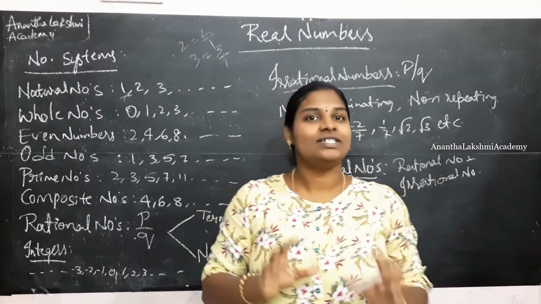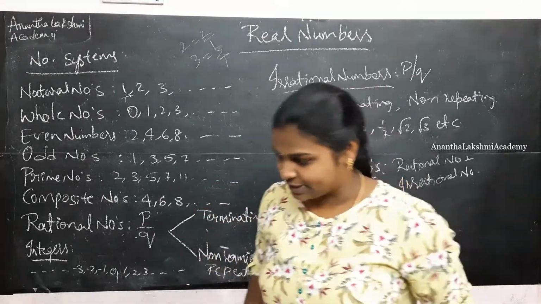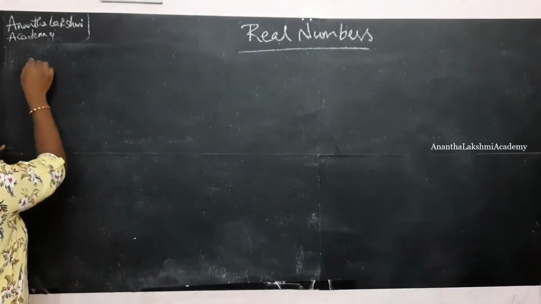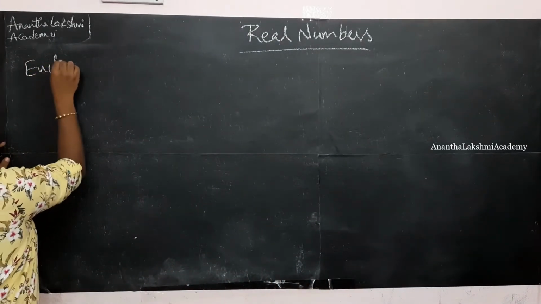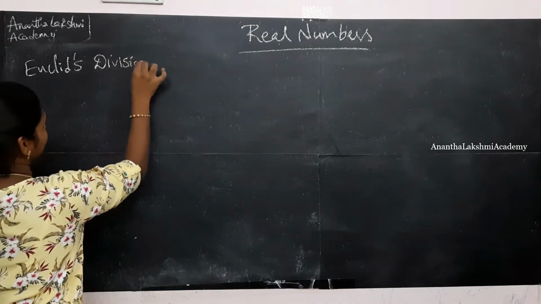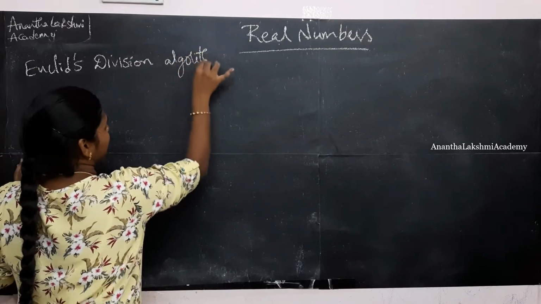Let's discuss the first concept in the chapter, real numbers. Alright, so let's get to the concept, Euclid's division algorithm, the very first concept in our first chapter.